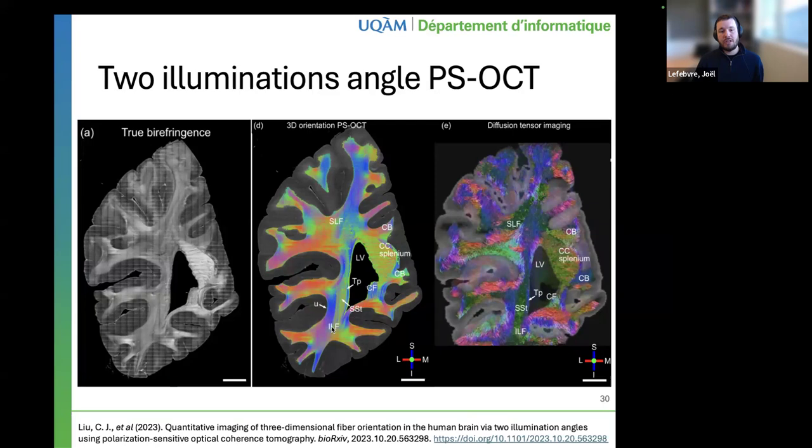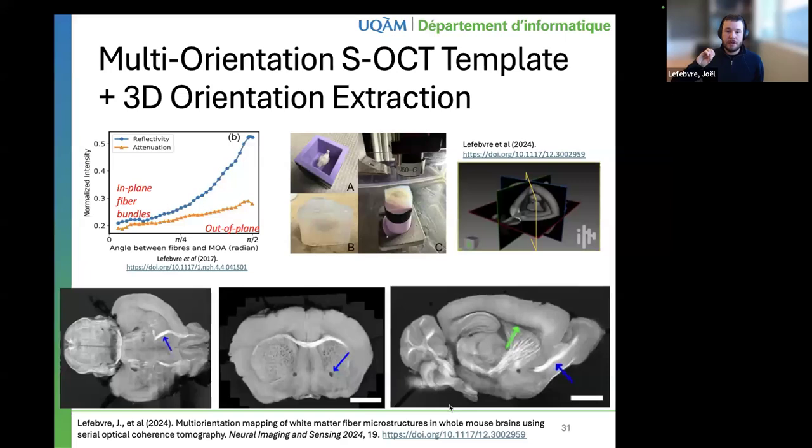So a different approach is to perform serial OCT, but to do a population study. We do serial OCT by slicing the brains at different angles, and then we create a template, and we can look at how the contrast of the brain structures changes based on the point of view. I won't go into details, but that relies on an observation a lot of people made in neurophotonics: in fiber bundles, the contrast changes based on the orientation of the fiber in relation to the orientation of the laser.